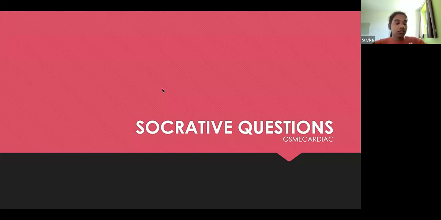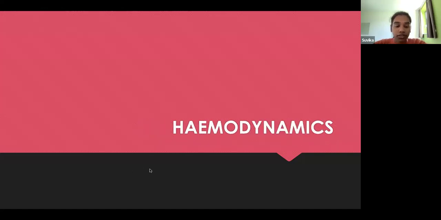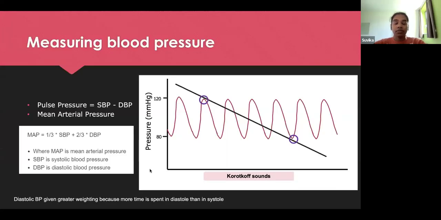All right, so we'll stop those questions there and we'll move on to blood pressure because that was the next most requested topic. So how we measure blood pressure is with the blood pressure cuff.